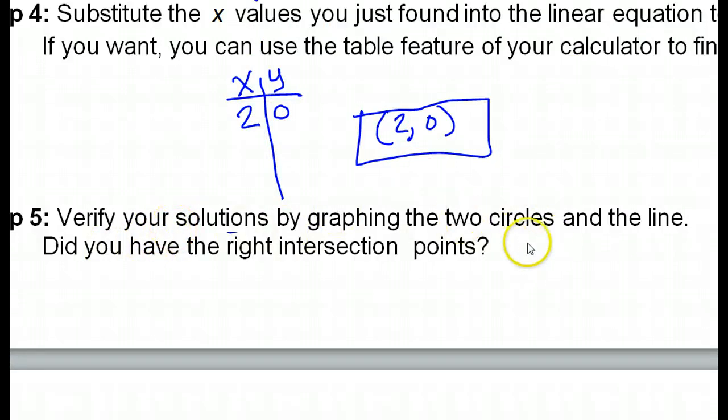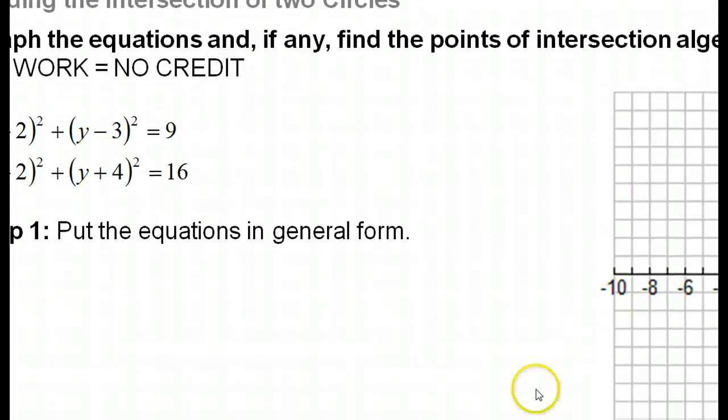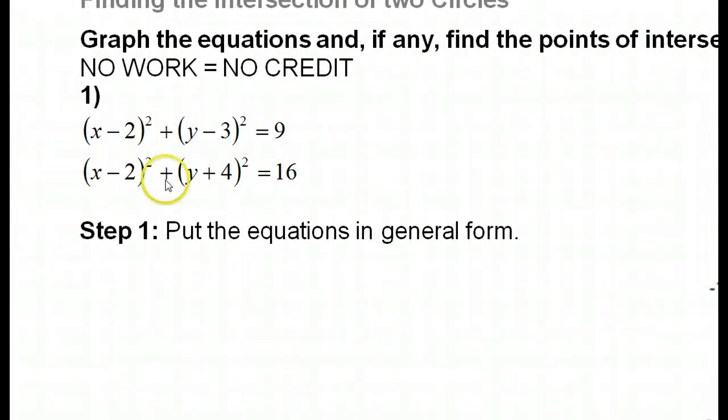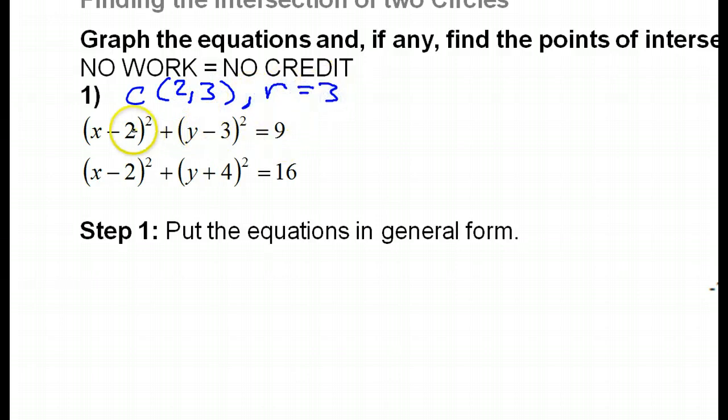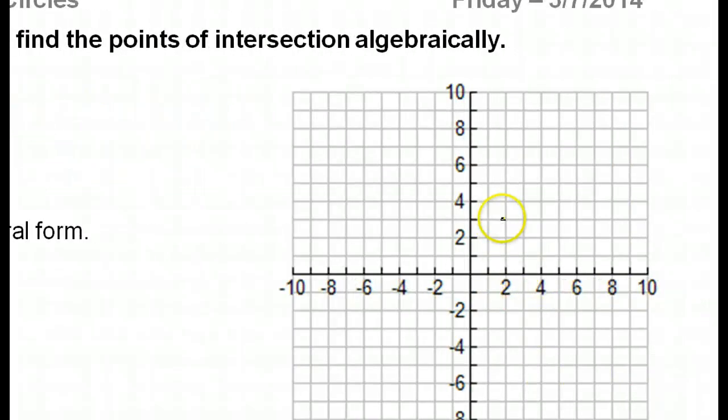So verify our solutions by graphing the 2 circles and the line. So let's take a look and see what's what. So remember, the 2 circles, the first circle has center 2 comma 3, and it has radius 3. Okay, you see where I'm getting these from, right? It's the opposite of these, square root of that. So let's do that. So 2 comma 3 would be right here.